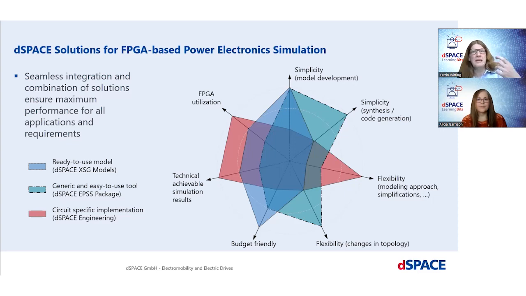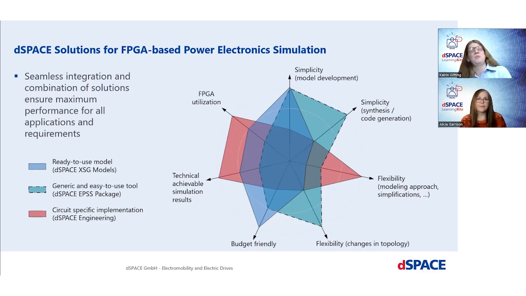And the circuit data of the Simscape Electrical model then is put together in a so-called EPSS file, which contains all the information needed for real-time simulation on the FPGA directly. And by using this file, you can directly work with the FPGA. You don't need any time-consuming synthesis. You don't need any FPGA knowledge. It takes only a few minutes and you are ready to start with your real-time applications on the dSPACE systems.